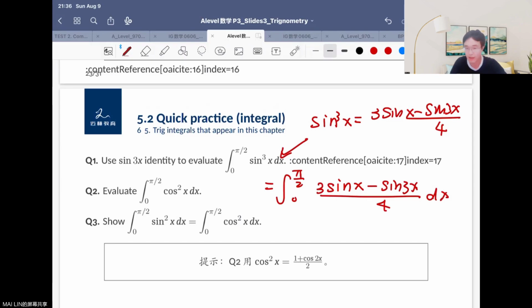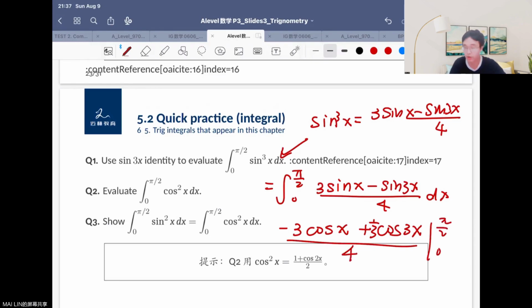After integration, the answer is negative 3 cosine x plus 1 over 3 cosine 3x, divided by 4, from 0 to pi over 2.